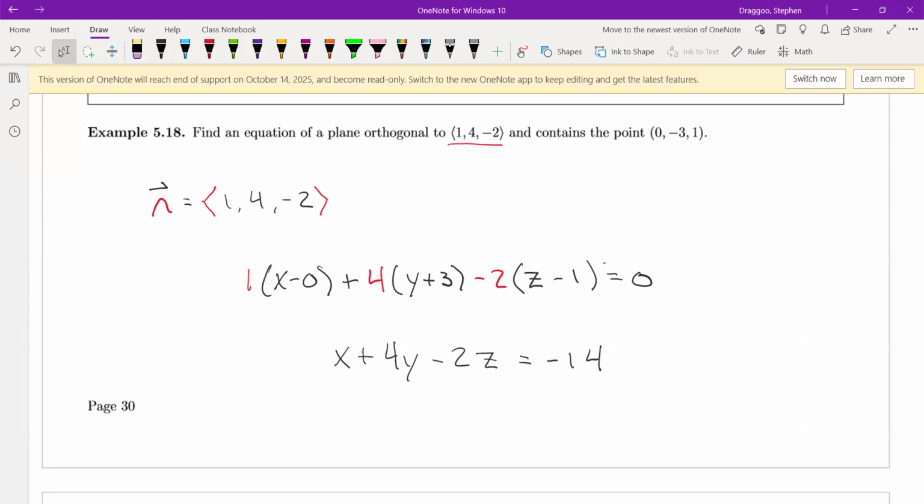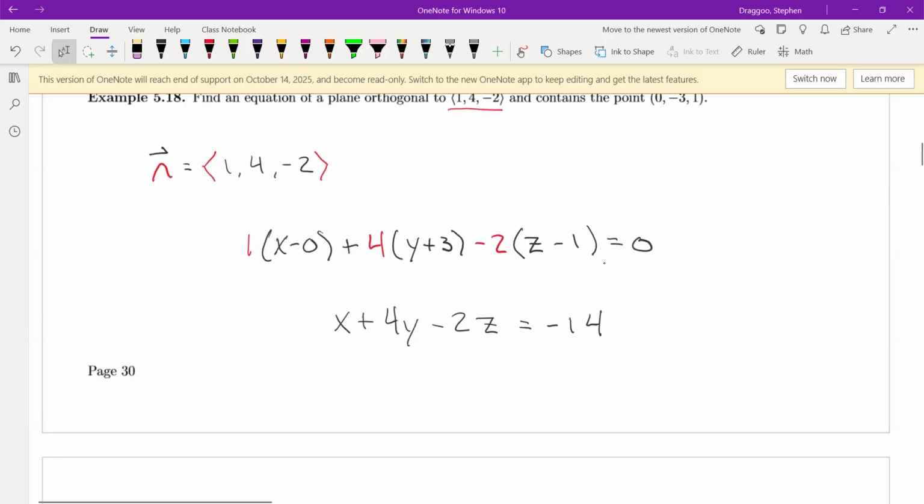The particular words aren't going to matter too much to us, but I can just plug those bits in and then either leave it in just its original form where I've got a normal vector and a point plugged directly in. It's a totally valid equation for a plane. But if you'd prefer to simplify it, I got the equation there at the bottom. x plus 4y minus 2z equals -14.